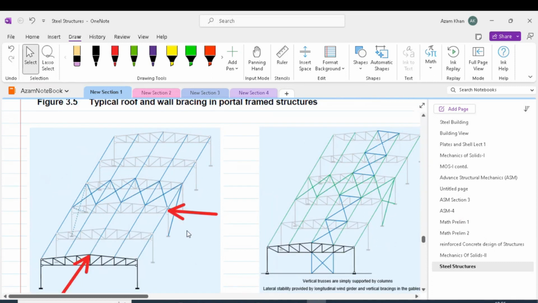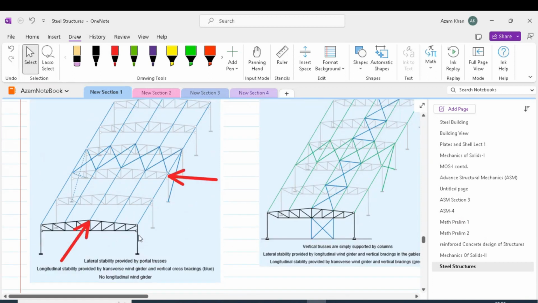In another option, we can have portal frames stacked behind each other. In this system, the lateral load in plane to the frames will be automatically transferred to the ground by the moment connections or by the portal action of the frame.